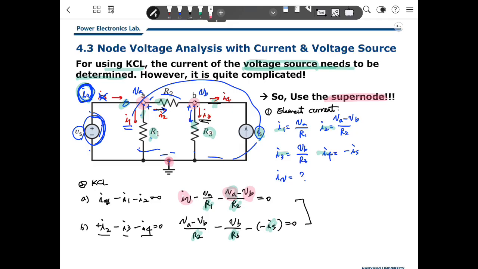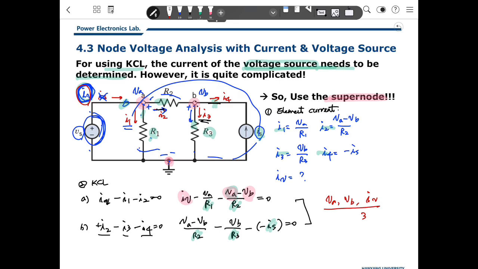So we have two equations, but three unknown variables: VA, VB, and IV. So we cannot get these solutions. Then what should we do?